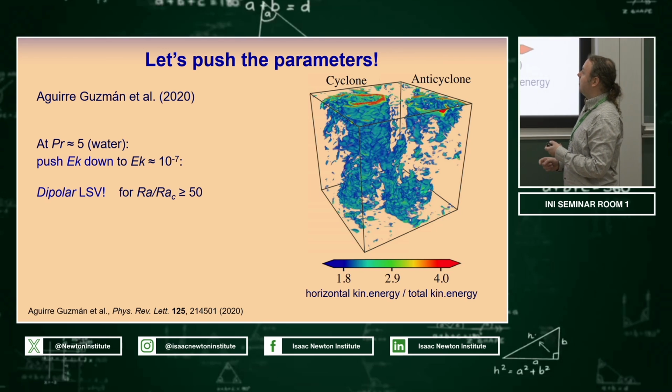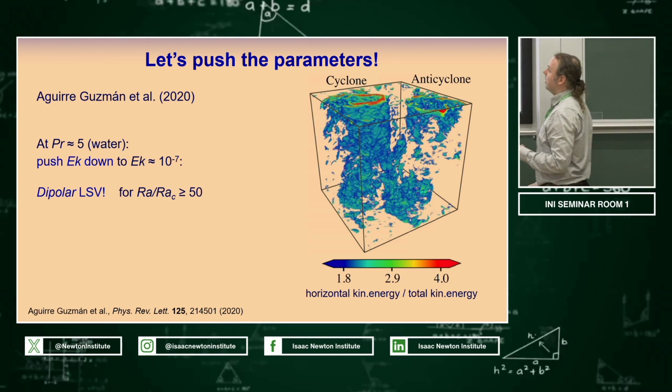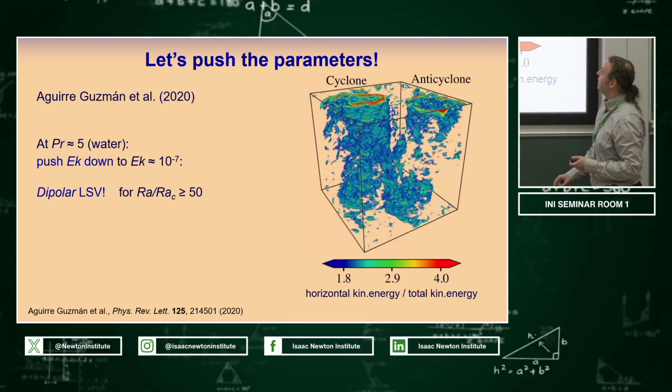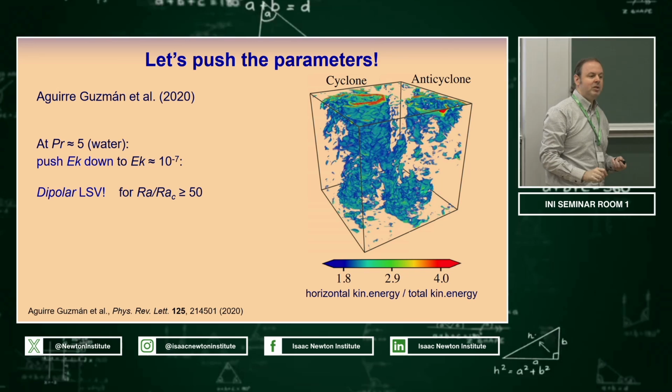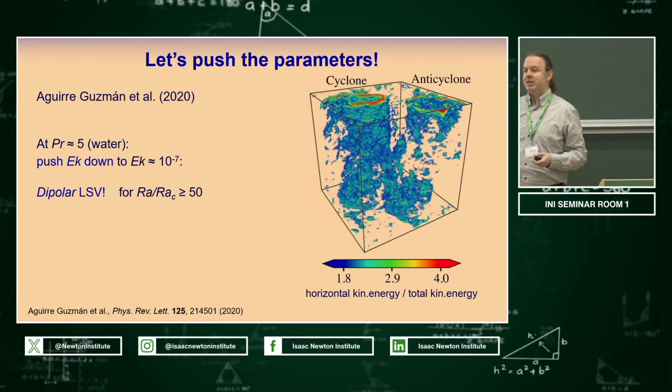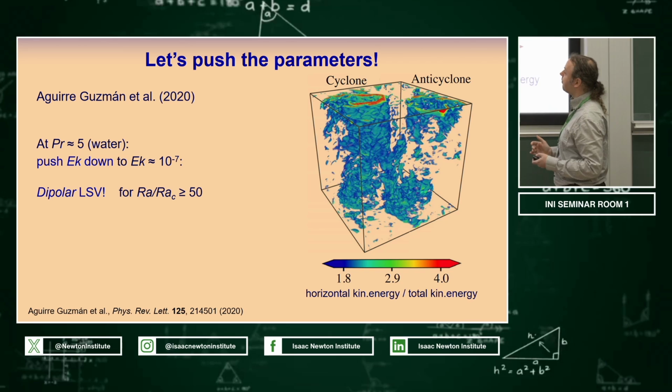So the first thing that we did was to push the Ekman number down to approximately 10⁻⁷. And then we could indeed see large-scale organization, but now with a dipolar large-scale vortex instead of just a single one.